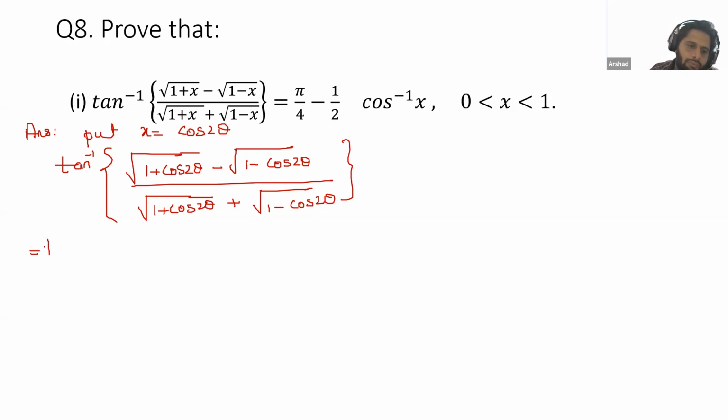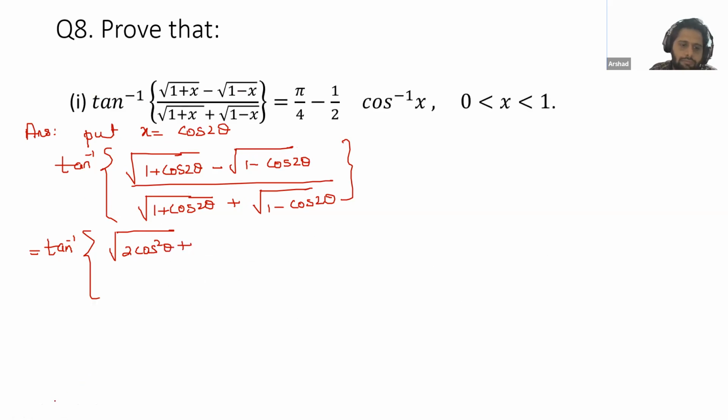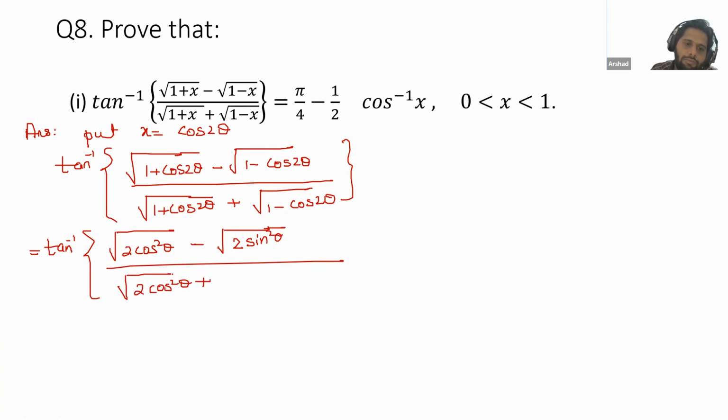Here 1 plus cos 2 theta means 2 cos square theta, and 1 minus cos 2 theta means 2 sin square theta. So we get tan inverse of under root 2 cos square theta minus under root 2 sin square theta, by under root 2 cos square theta plus under root 2 sin square theta.